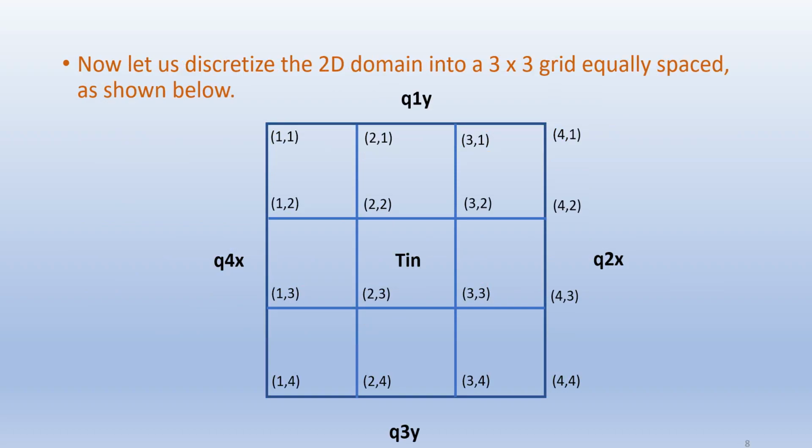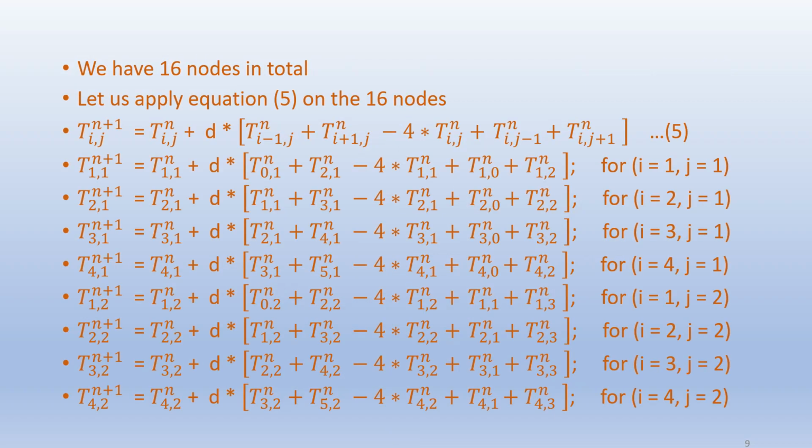Now let us discretize the 2D domain into a 3x3 grid, equally spaced as shown below. We have 16 nodes in total. This includes the interior nodes as well as the boundary nodes. Let us apply equation 5 on the 16 nodes.